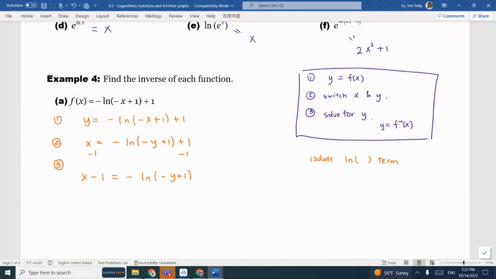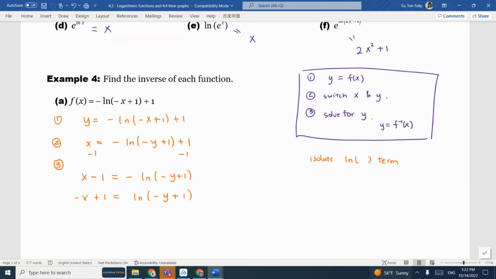Yeah, we multiply by -1, we get minus x plus 1. And the right hand side is ln of minus y plus 1. So multiply both sides by -1. Therefore, -1 times x, -1 times -1 become +1. Minus becomes positive. Yes, everybody?